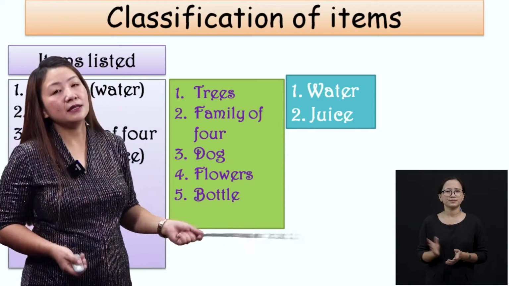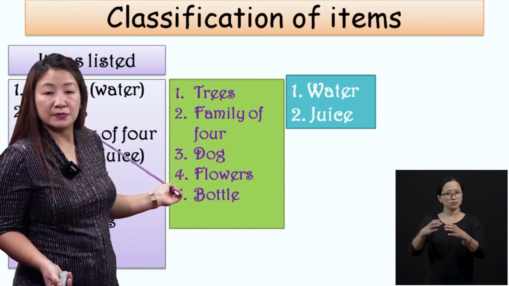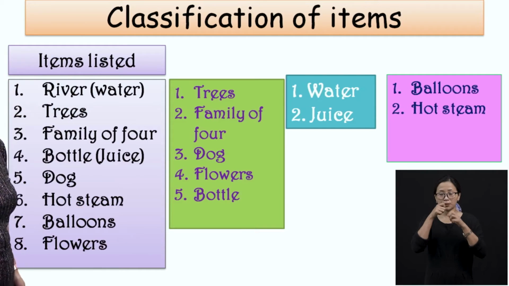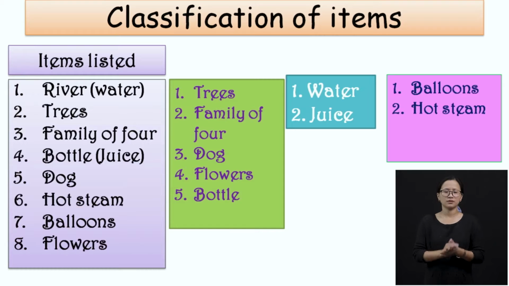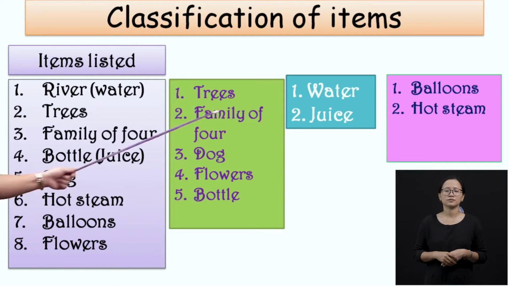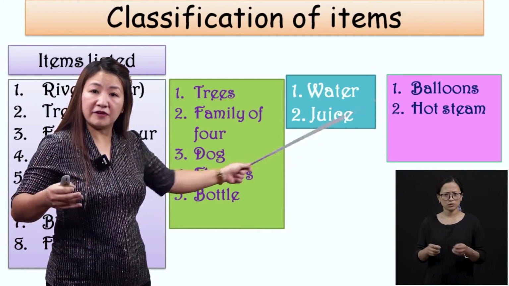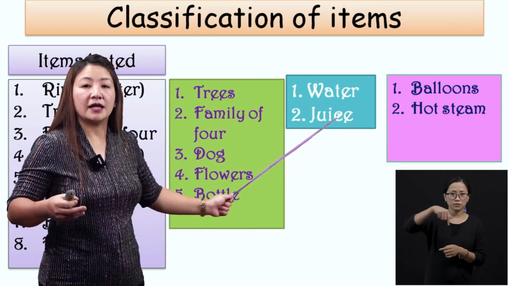Then again, another group of items are like the balloons and the hot steam. Balloons, they have air inside them. Yes or no? Balloons are filled with your breath. You blow it and there is air inside. So these two, balloons and hot steam, they're very different from this and this, isn't it? And this is different from this.